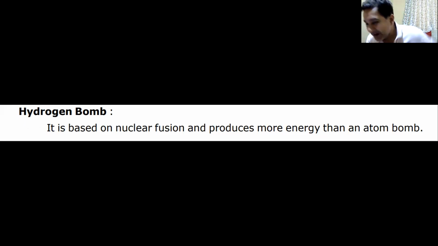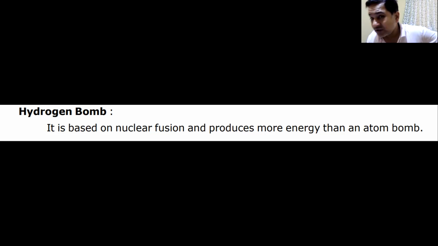Don't worry. The hydrogen bomb is based on nuclear fusion and it produces much more energy than an atomic bomb. We are not able to harness that energy. The counterpart of the atom bomb in fission is the hydrogen bomb.